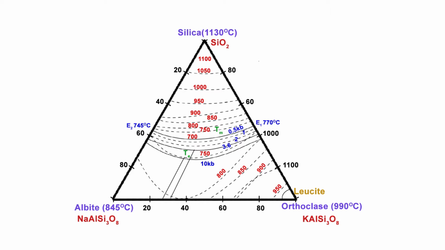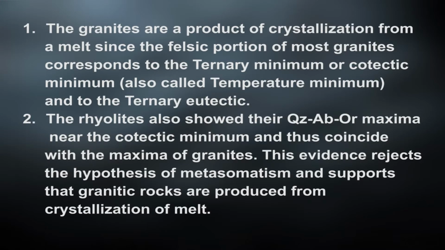These plots, when viewed in light of the experiments on the granite system, demonstrated, first, that granites are a product of crystallization from a melt, since the felsic portion of most granites corresponds to the ternary minimum or cotectic minimum, also called the temperature minimum, and to the ternary eutectic.